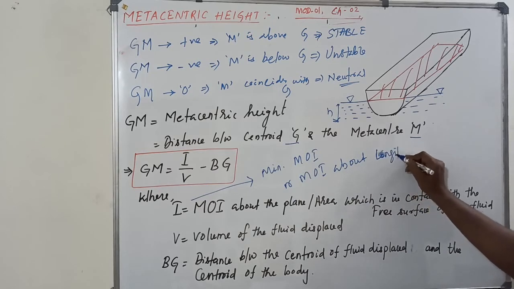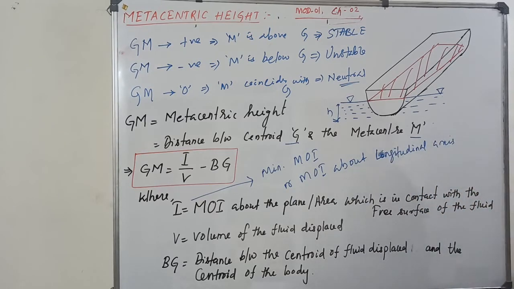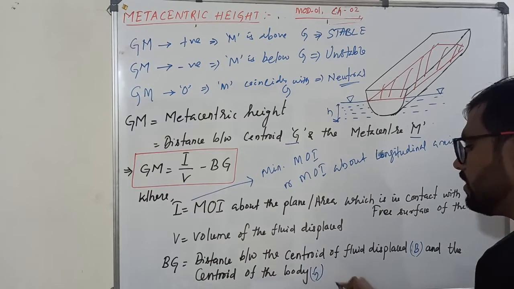Note it down, I'll explain why. V is the volume of the fluid displaced, and BG is the distance between the centroid of the fluid displaced, that is B, and the center of the body, that is G.